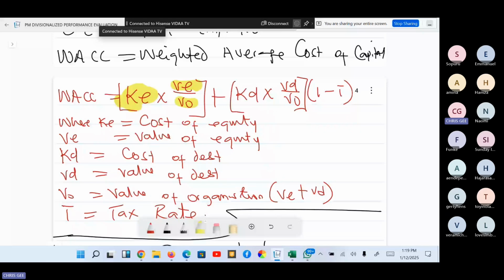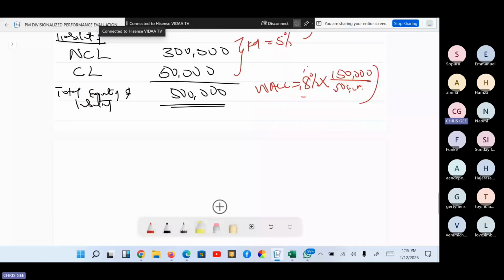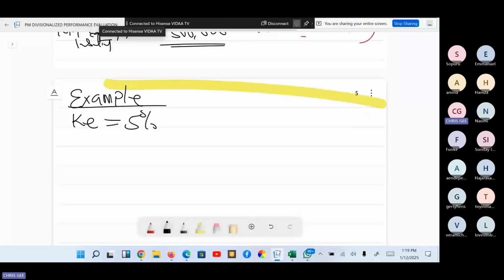Of course, yes. So now look at, for example, follow me. If KE equals 5%, KD equals 4%.